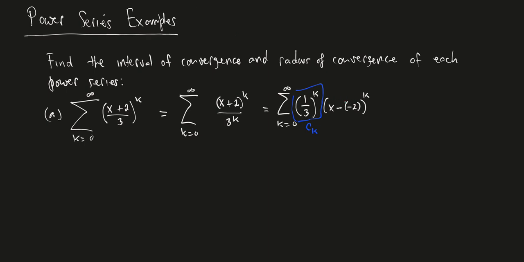And then this would be the a, the center of our series. So our coefficients are 1/3 to the k, and our center is at negative 2. All right. So how do we figure out this interval and this radius of convergence?